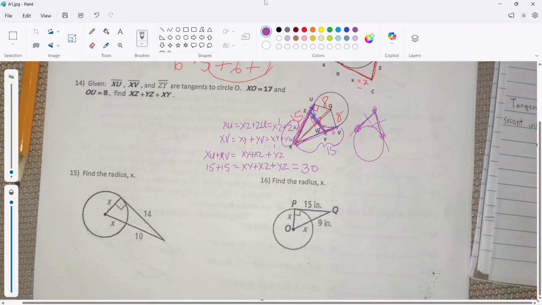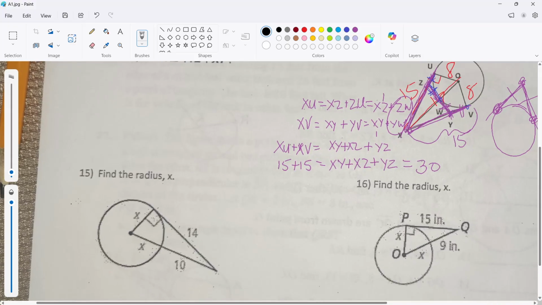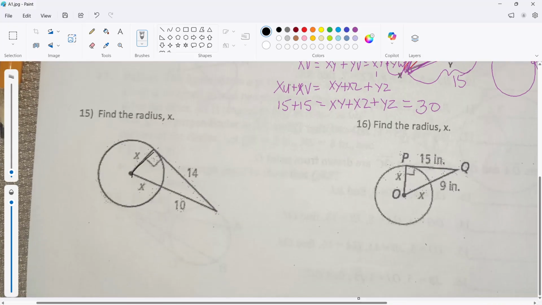Find the radius. I want to go back to black here. Find the radius x. Well, Pythagorean theorem. If I take the sum of the legs, each one squared, x squared plus 14 squared equals the hypotenuse squared, x plus 10 squared.